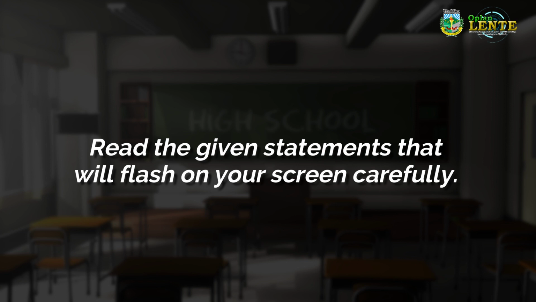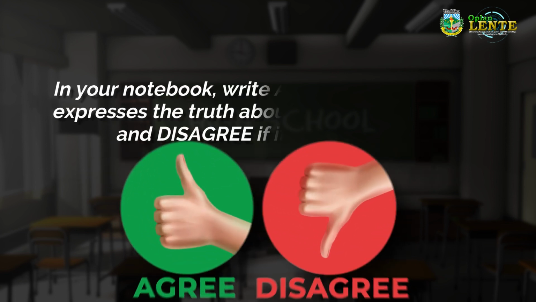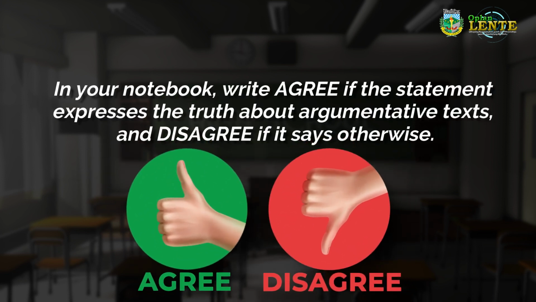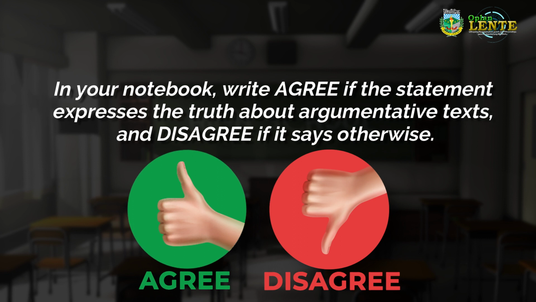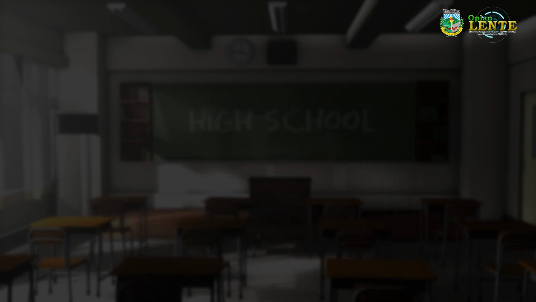Read the given statements that will flash on your screen carefully. In your notebook, write agree if the statement expresses the truth about argumentative text and disagree if it says otherwise.